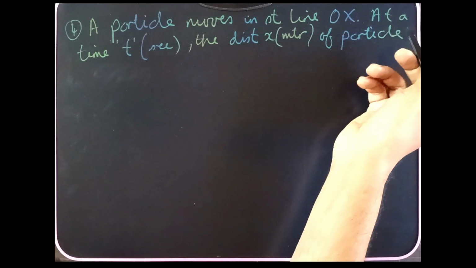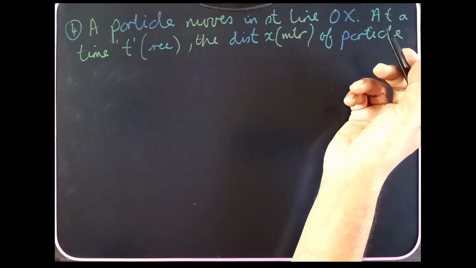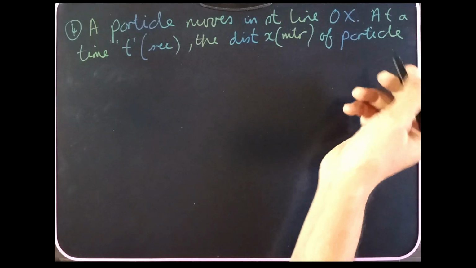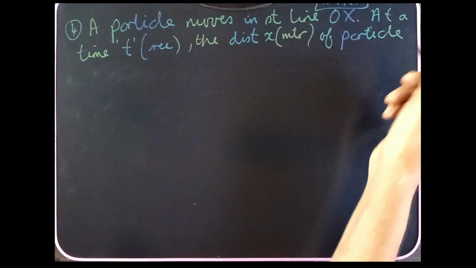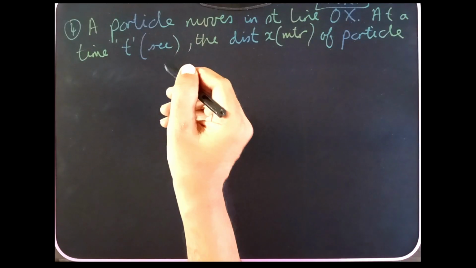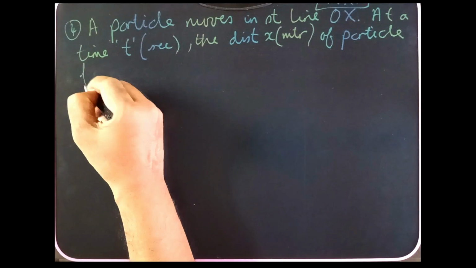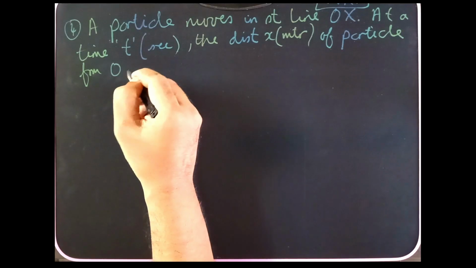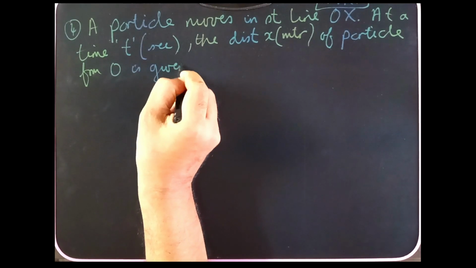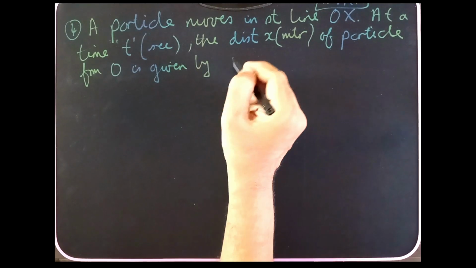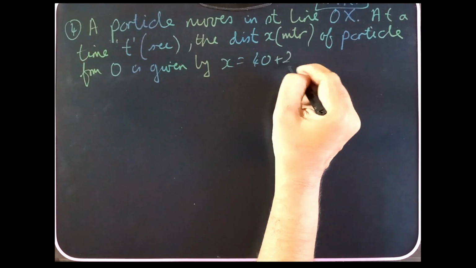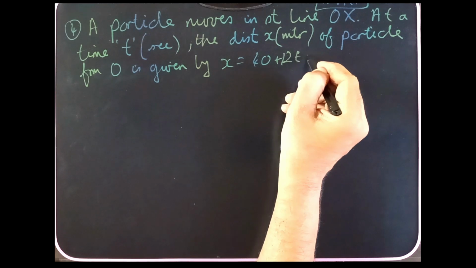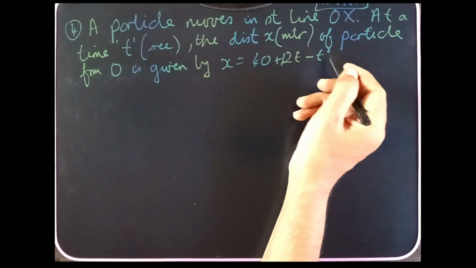This is also from a competitive exam, the AIPMT exam. The distance x of the particle from O is given by x is equal to 40 plus 12t minus t cube.